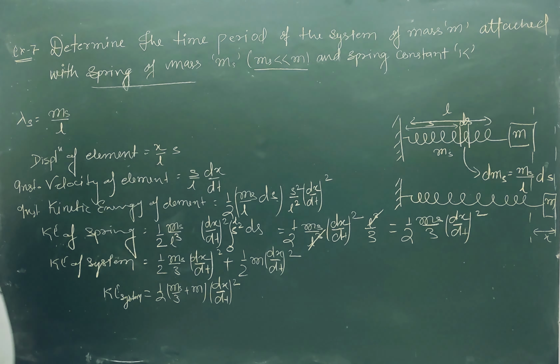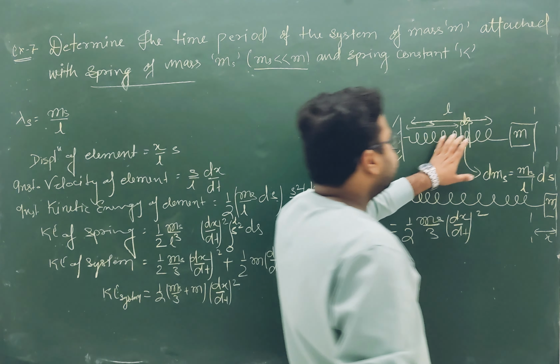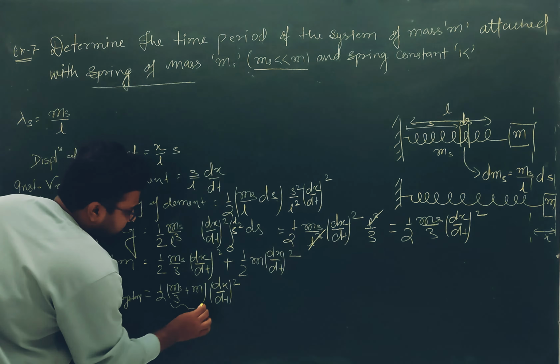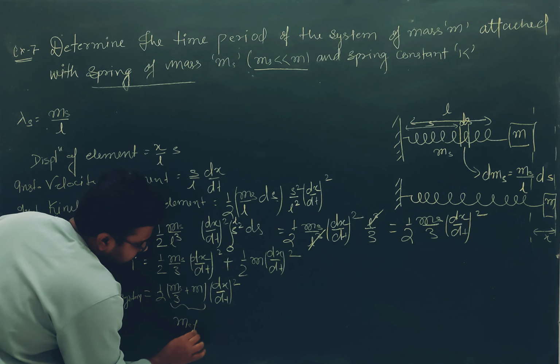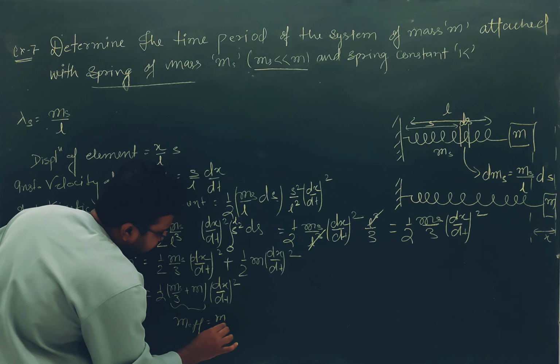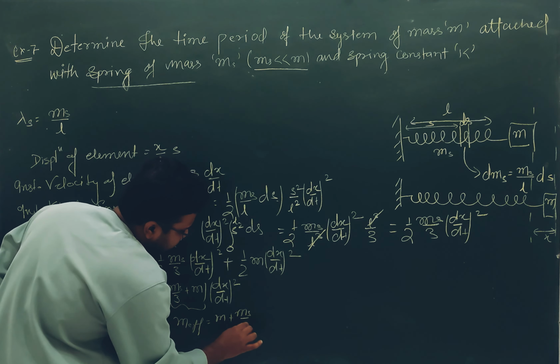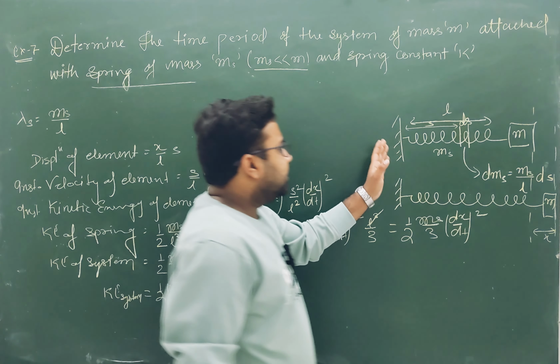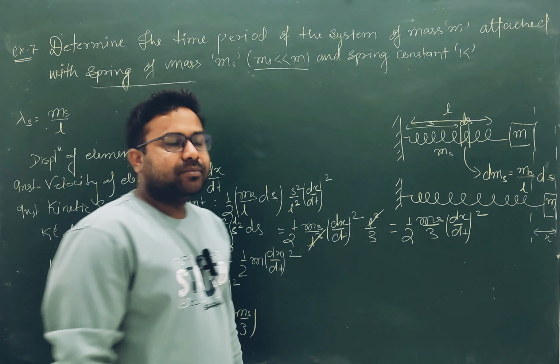It means for this whole system, spring plus mass, the effective mass is m plus ms by 3. Yesterday we already used the formula for the spring-mass system.